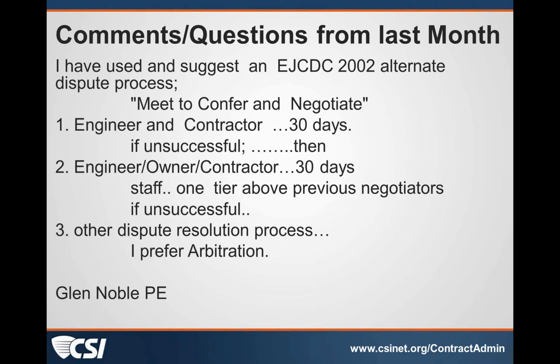It gives you a chance to sit down and sort through things. The caution I would say on this is 30 days, 60 days before you get into a dispute resolution process. Just make sure that you're not delaying progress on the project and you're not causing delays there. Anything to add, Jim?